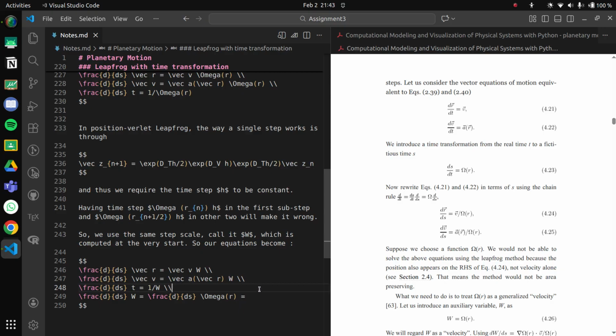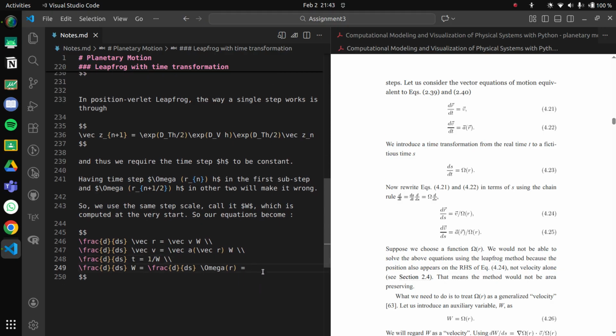And your w as well changes. So rather than thinking of w as, I don't know, wait a second. Yeah, I guess you could think of it later. The thing with velocity worldlet is that your velocity only gets updated once, and the changed position is used to compute that update. So if you use position worldlet thinking of w as some sort of a velocity, then this makes sense.